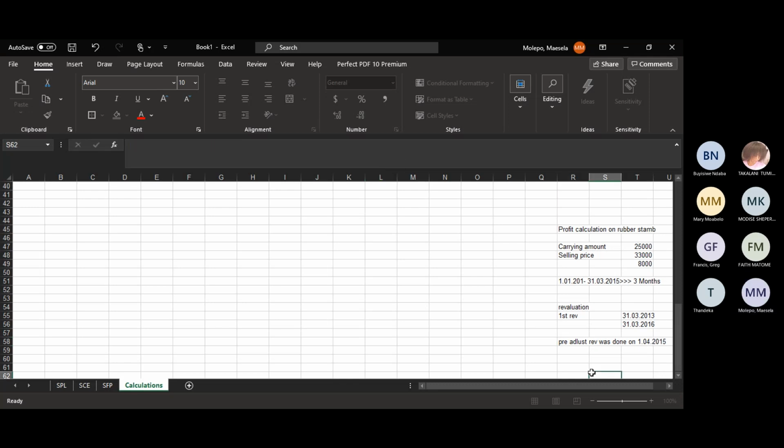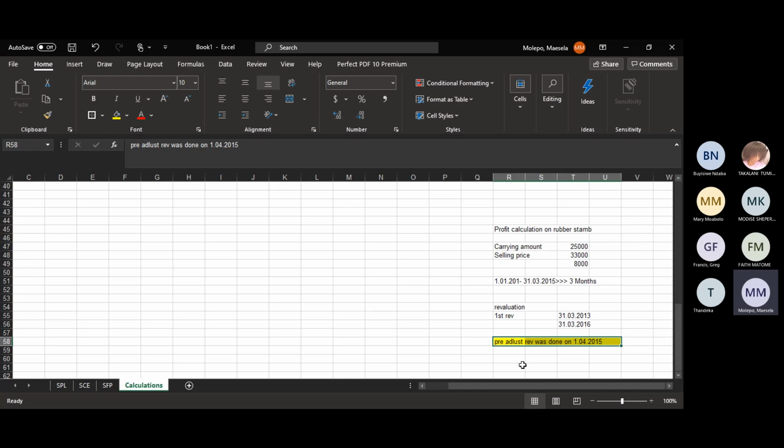So since it says the revaluation was done on 1 April 2015, we have to account it on that date, and they said it was correctly accounted. You see that statement where they say this revaluation was correctly accounted for. So we have to record the revaluation on the date it pertains. So instead of revaluing it on 31 March 2016, we're going to do the revaluation on 1 April 2015.